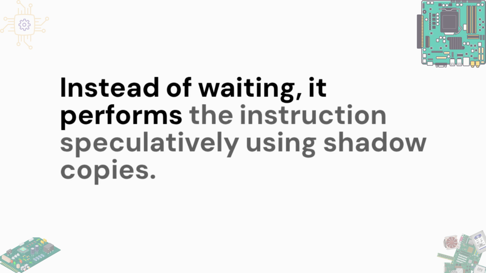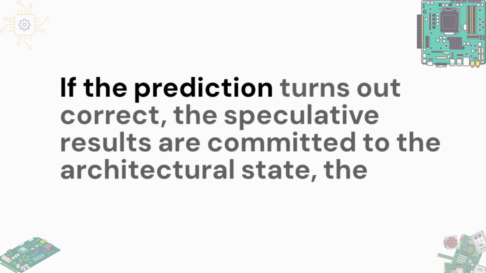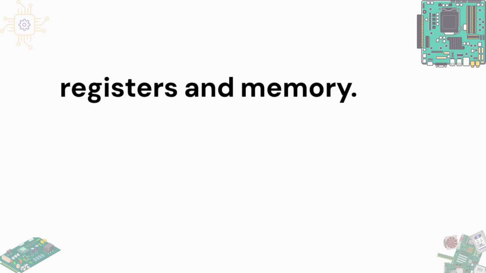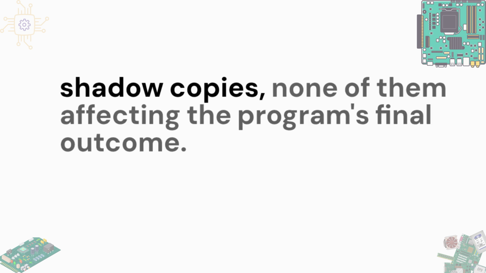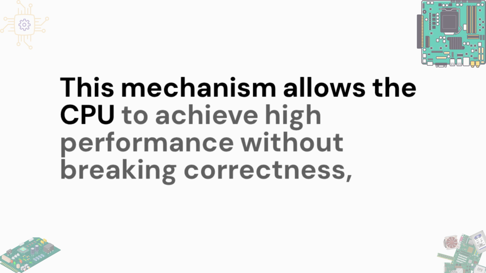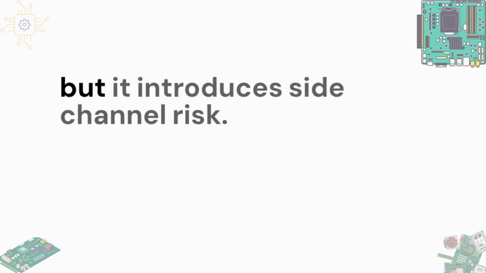Instead of waiting, it performs the instructions speculatively using shadow copies. If the prediction turns out correct, the speculative results are committed to the architectural state, the registers and memory. If the prediction was wrong, the CPU discards all speculative results in the shadow copies, none of them affecting the program's final outcome. This mechanism allows the CPU to achieve high performance without breaking correctness, but it introduces side-channel risk.